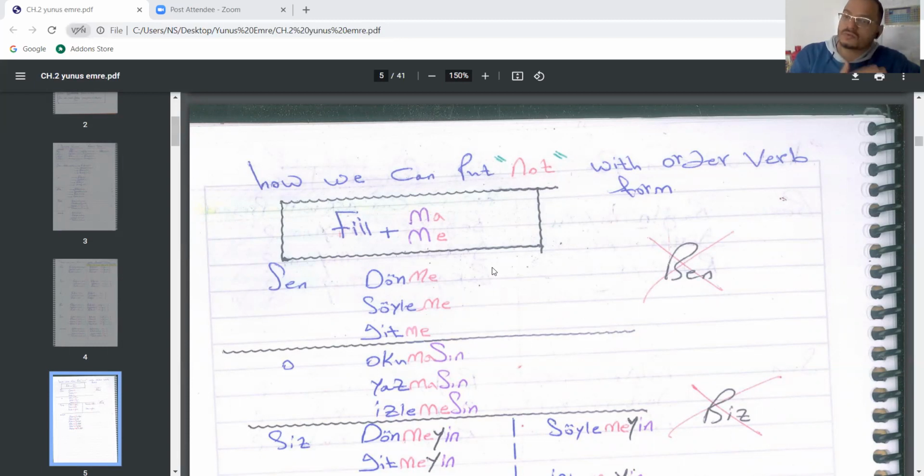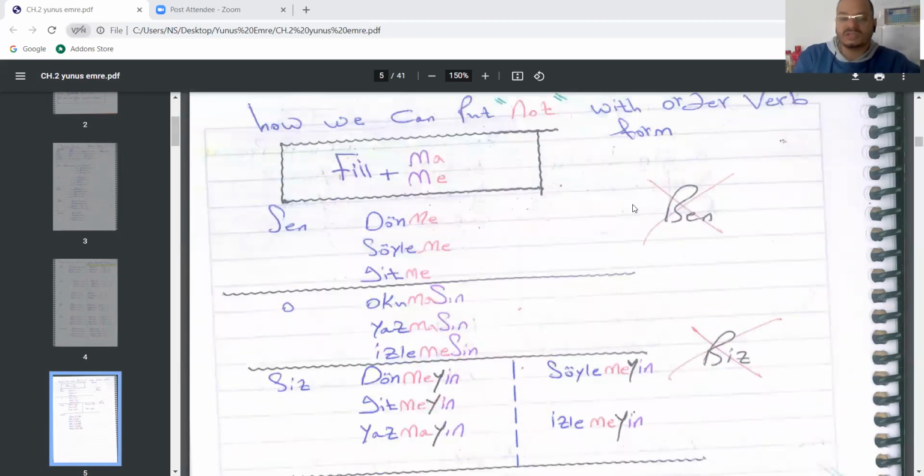At the present tense, when we used not, we put m delta, but here we just have two options, ma or me, that's it. Like we learned before, we add the order verb form.